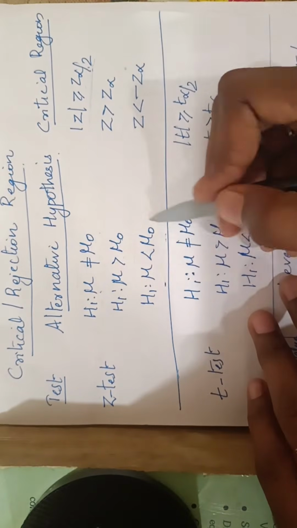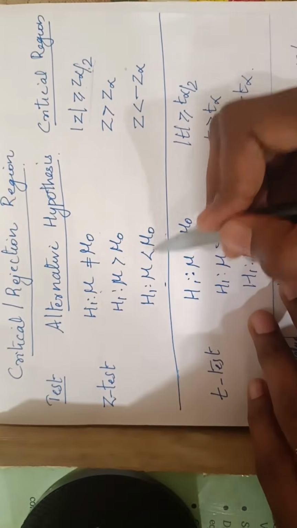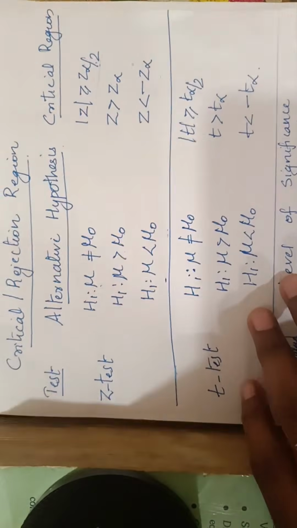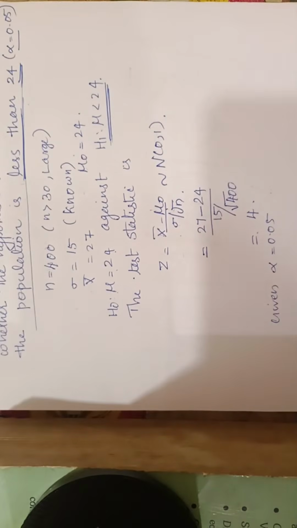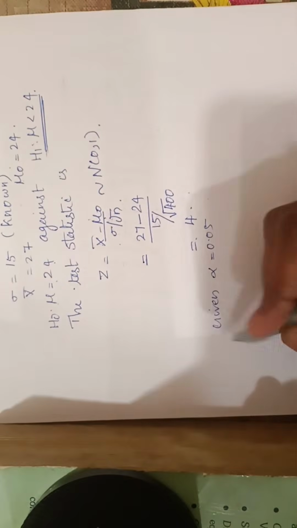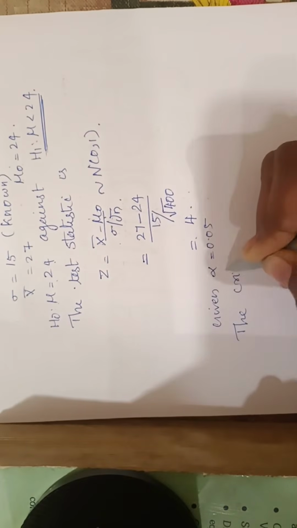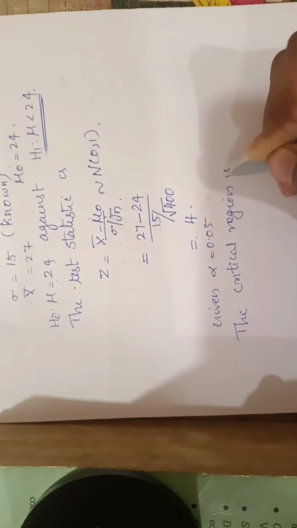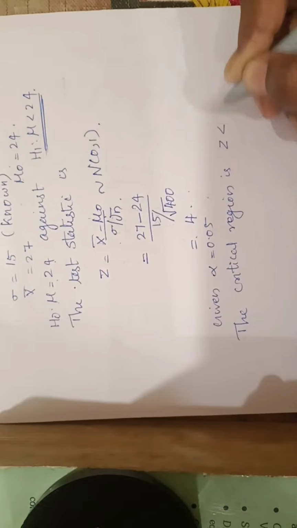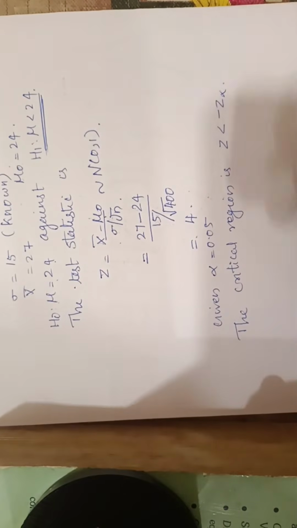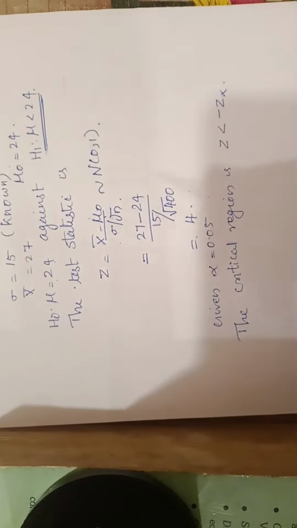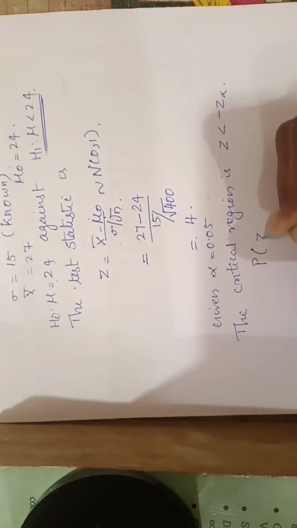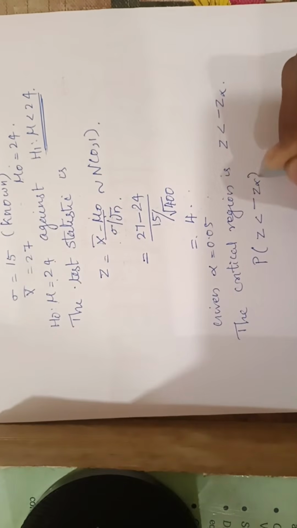So here we have the case H1: mu less than mu naught. So our critical region, or rejection region, will be Z less than minus Z alpha. We can find this value of Z alpha from probability of Z less than minus Z alpha equal to alpha.